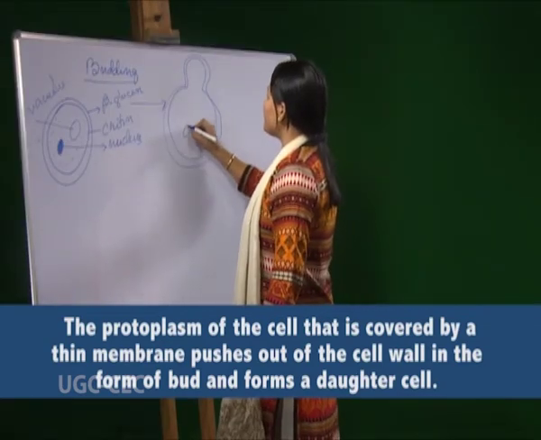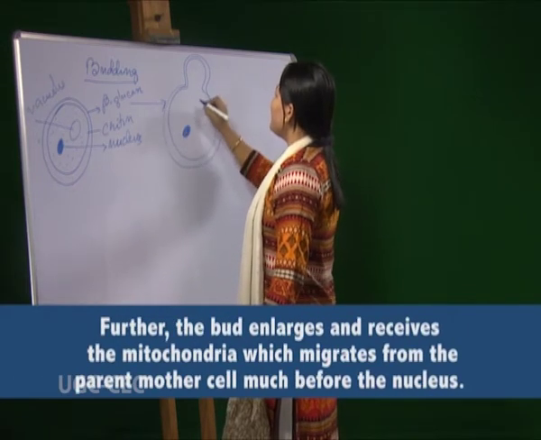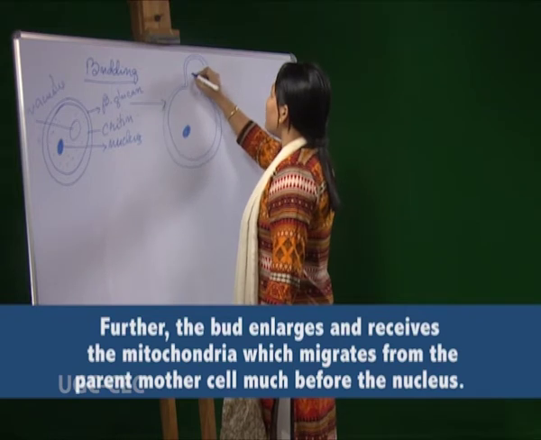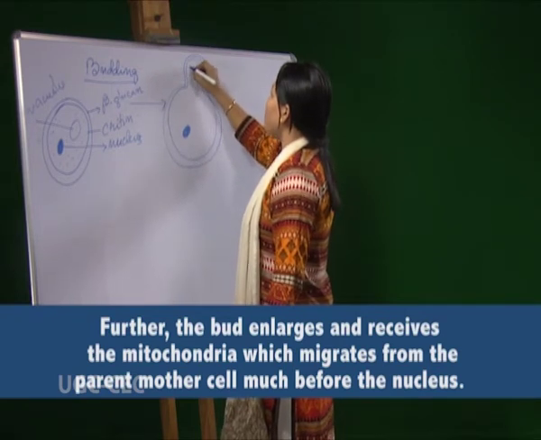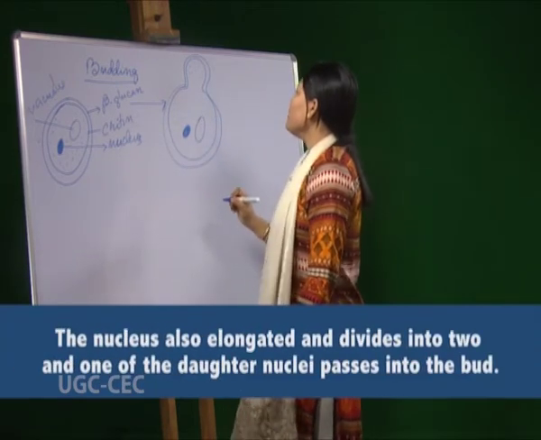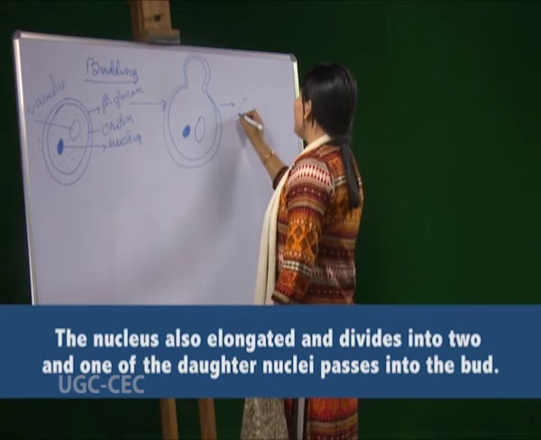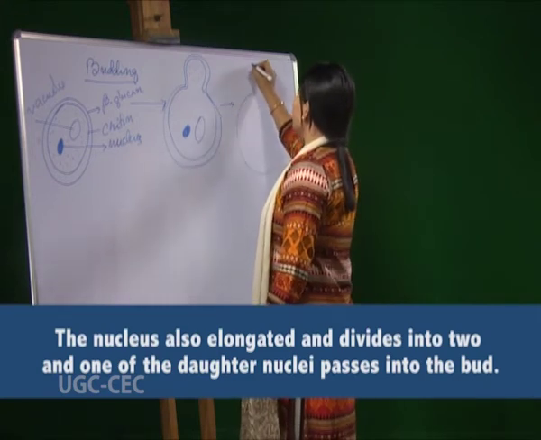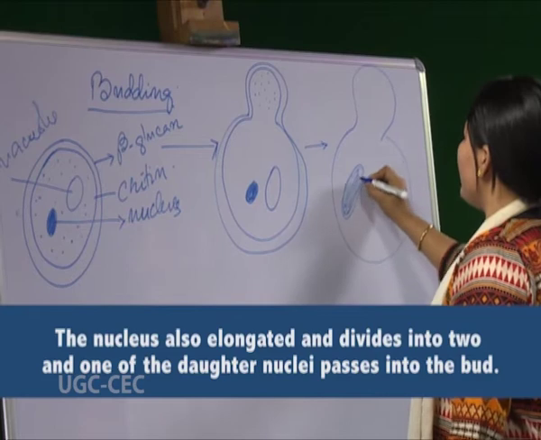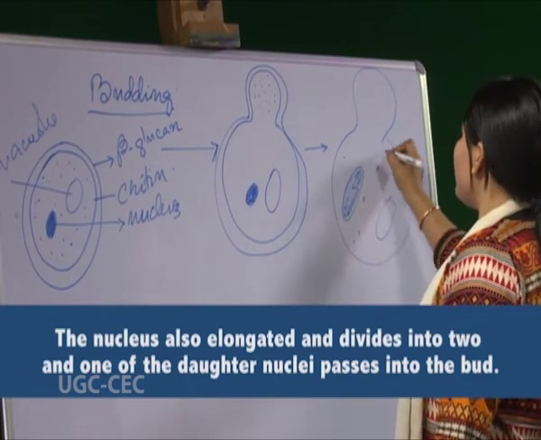Further, before this nucleus divides and enters into the daughter cell, the mitochondria has already passed into the daughter cells, and some of the cytoplasmic content. This is the vacuole. Then later on, this particular nucleus again elongates. Further elongates. This is the vacuole. Certain cytoplasmic content are there.